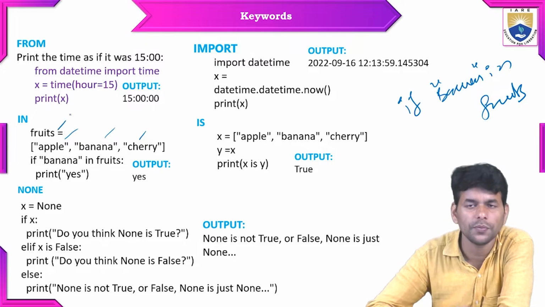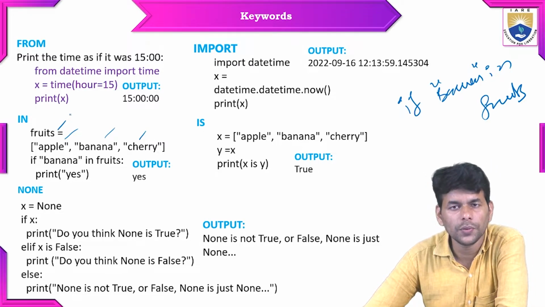Fruits is an identifier which is storing the list of items: apple, banana, and cherry.